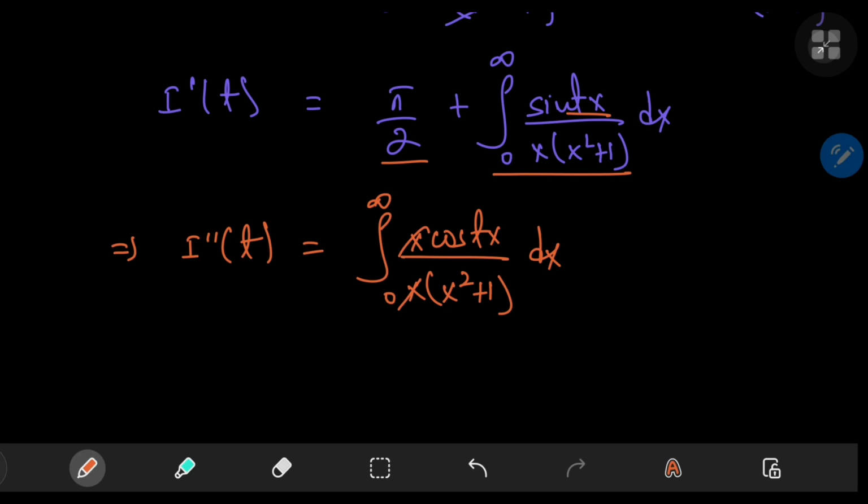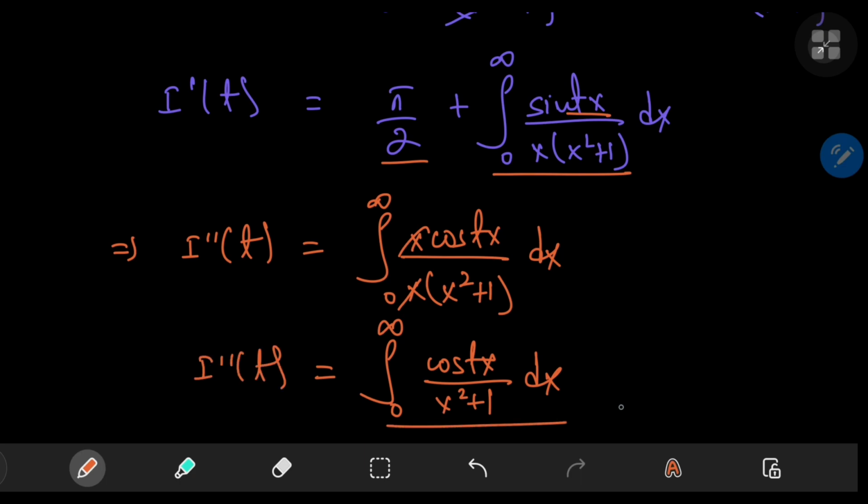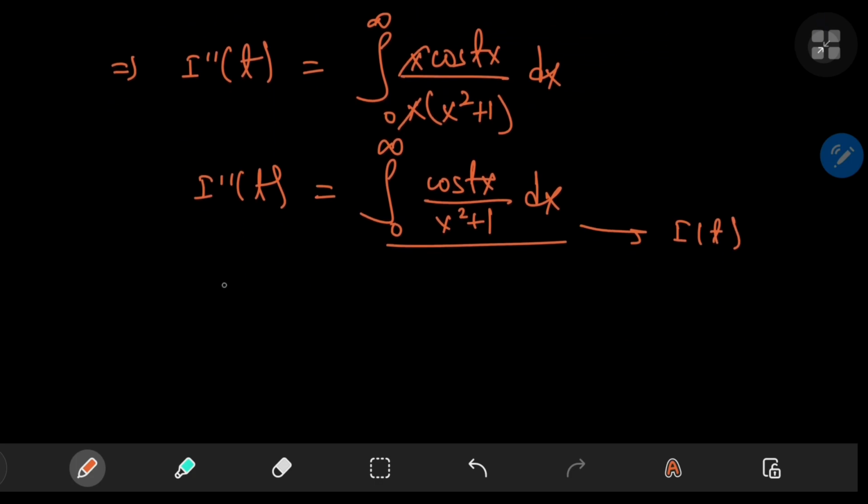And the factors of x cancel out quite nicely here, and you're left with the integral from 0 to infinity of the cosine of tx divided by x squared plus 1, which is in fact our integral function I of t. So you have quite a nice differential equation here, where the second derivative equals the function itself.